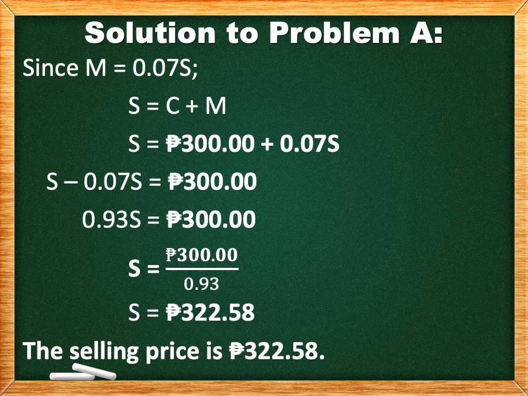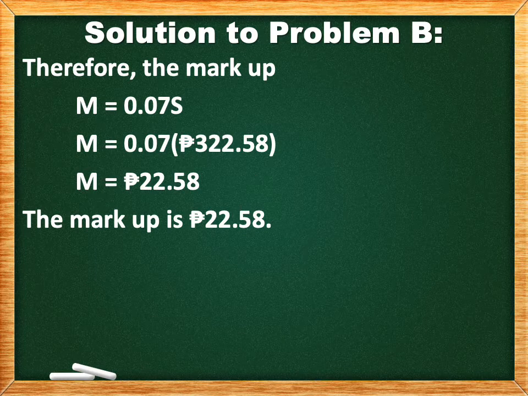So S minus 0.07S equals 0.93S equals 300. Therefore, S equals 300 over 93 hundredths. Therefore, our selling price is 322 pesos and 58 centavos.